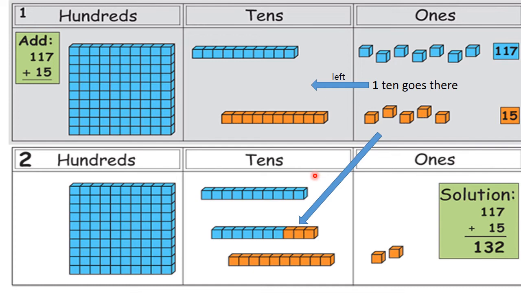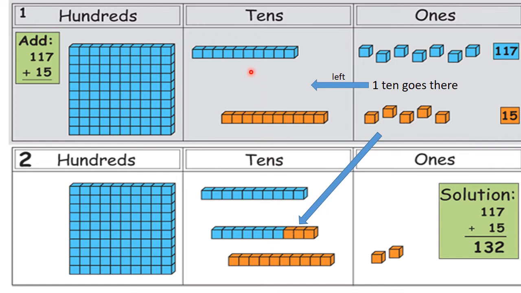So 2 ones are remaining because I have transferred 10 ones here. I know 10 ones is what? 1 ten. So I have transferred the 10 ones to the tens portion. You can see that I have transferred the 10 ones to this portion, right? So I've got an extra ten here.